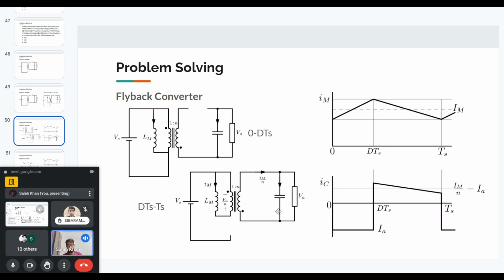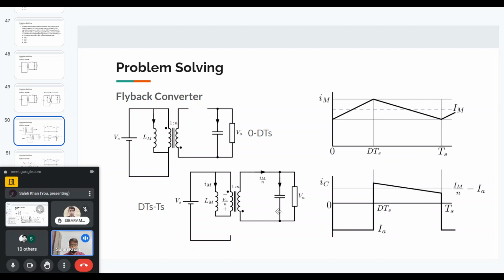As the inductor or the transformer gets saturated, it will lose its functionality as an inductor or transformer, and in some cases it may act as a short circuit also. So we want to avoid this condition. Basically, we don't want the inductor current to go beyond a certain point, and similarly for the transformer, we don't want the transformer current to go beyond the saturation current.